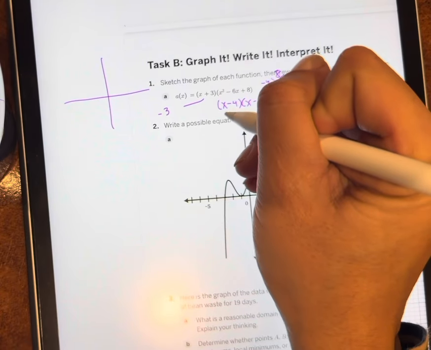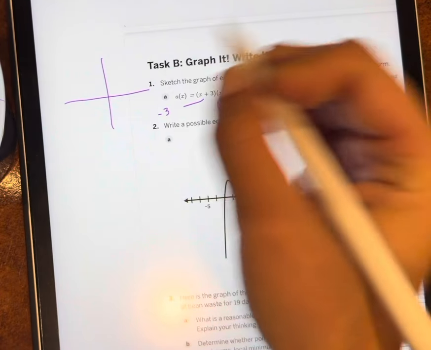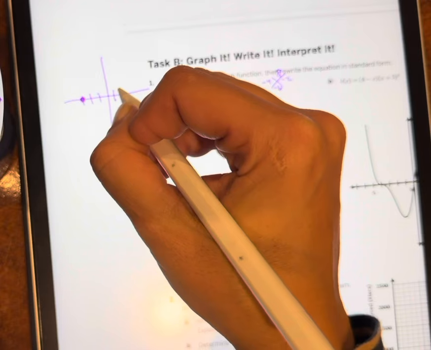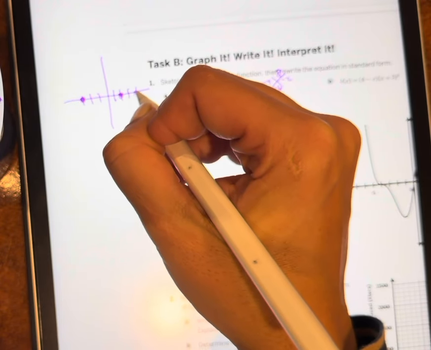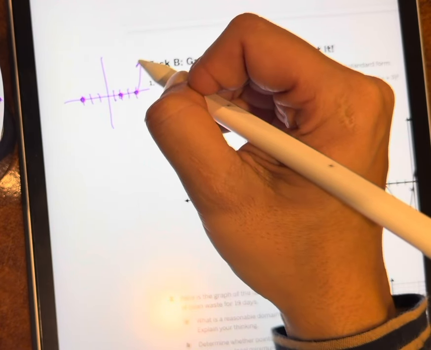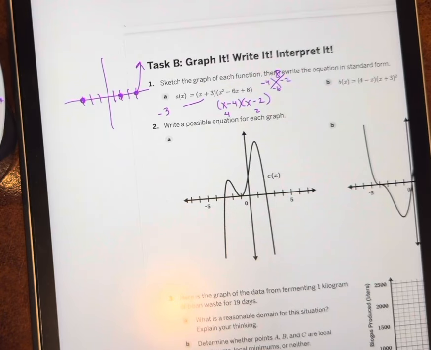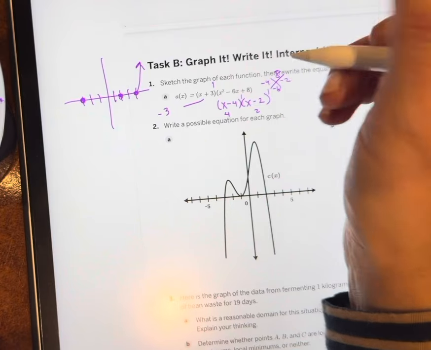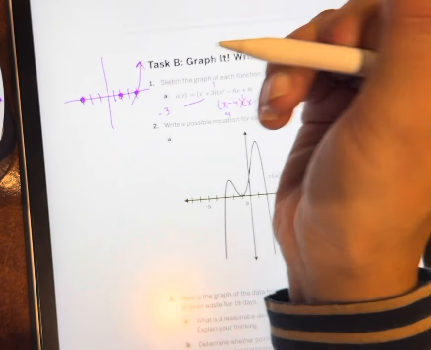I've got one at 4, and I've got one at 2. And the fact that this is positive means it ends going upward. And then the fact that all these multiplicities are 1 means I just go through these. So this just goes through.